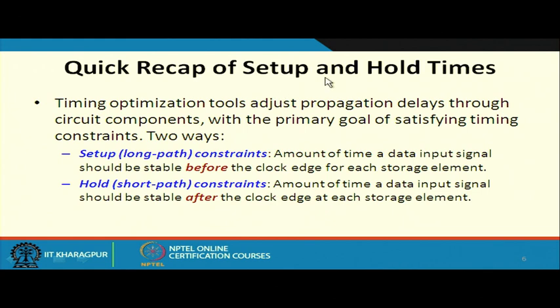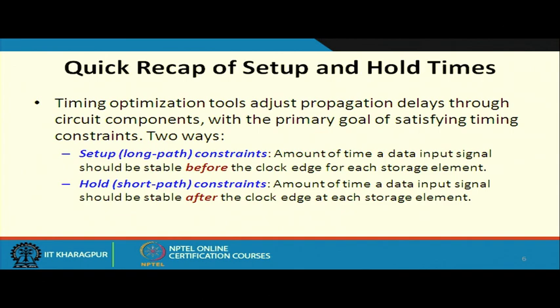Now, let us have a quick recap of the setup and hold times, because we shall be using some of the delay related assumptions in our subsequent discussions. When we discussed clocking, we said that when we consider propagation delays through circuit components, there are some storage elements.